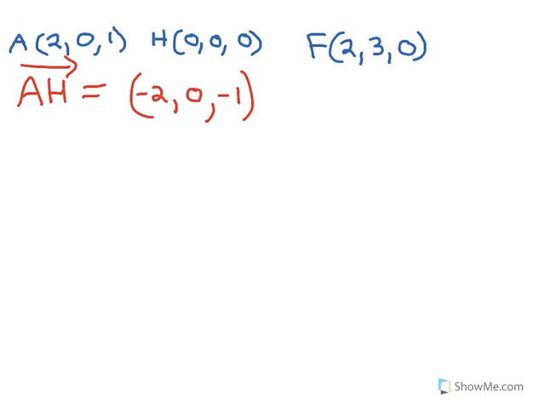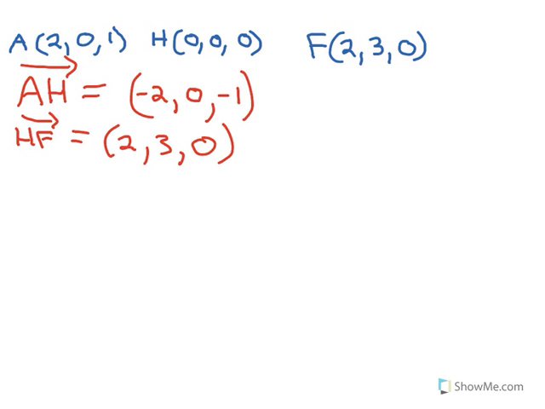We also need a second one, so I'm going to do the direction vector HF. Again, I'll start with the second letter, so that's F, and subtract the coordinates of H. So 2 minus 0 is 2, 3 minus 0 is 3, and 0 minus 0 is 0. So that one's easy. It's just the same coordinates as F.